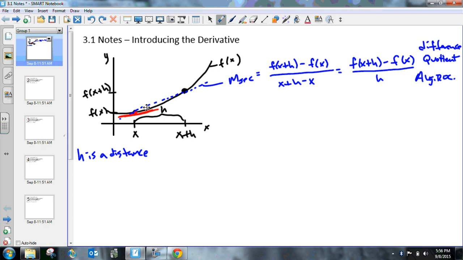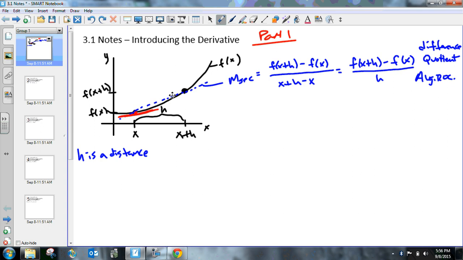And that's what we watched in the first video. So if you have no idea what I'm talking about, you need to watch part 1. It shows the animation of how the secant line turns into the tangent line.